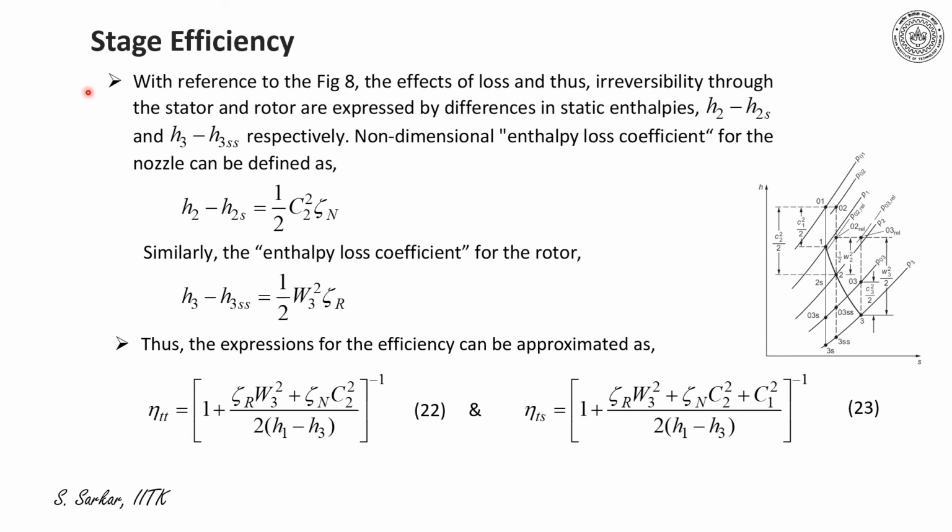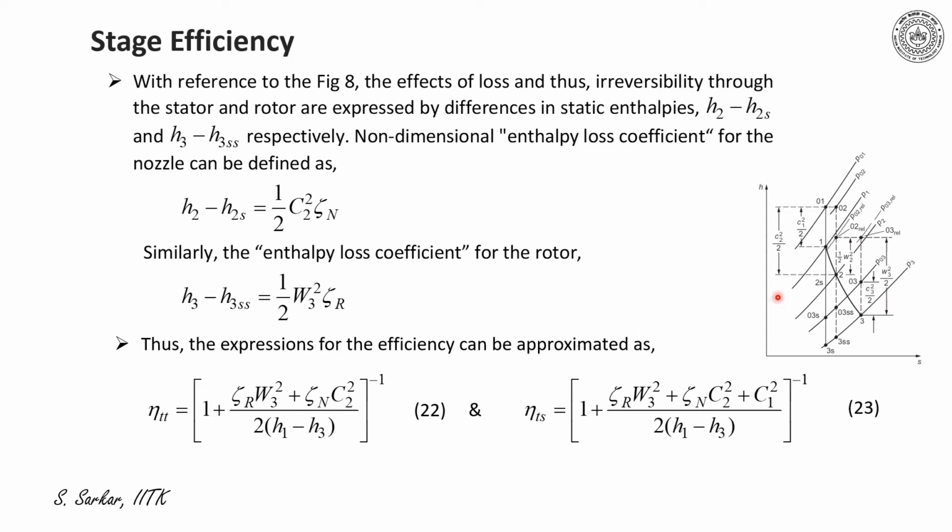Now, with reference to figure 8, the effect of loss and thus irreversibility in the stator and the rotor blade are expressed by the difference in static enthalpies, that is H2 minus H2s and H3 minus H3ss respectively.